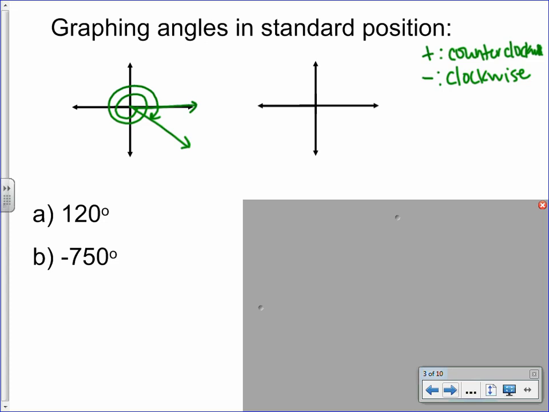Let's do the radians, okay? Let's talk about if we begin in standard position, we begin at 0 radians. And we know 1 time around is how many radians? 2 pi. Okay? So, how many radians would we rotate here? Great.